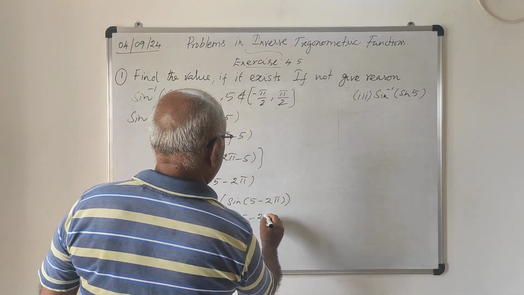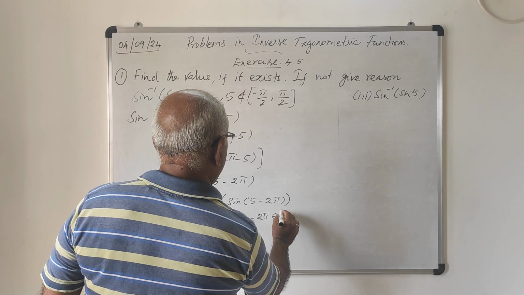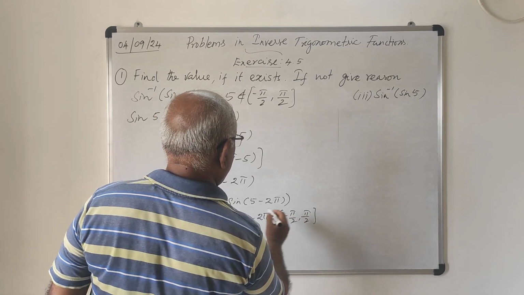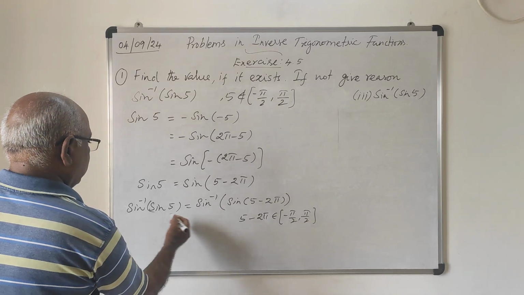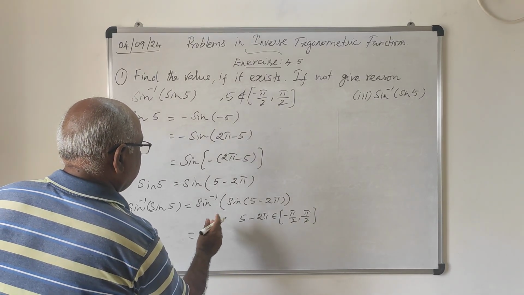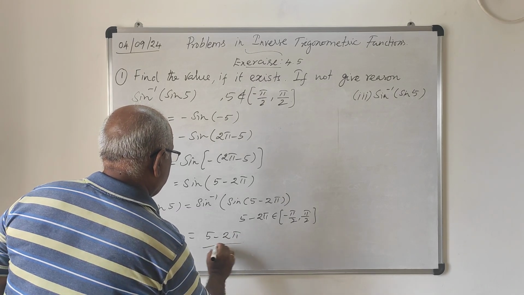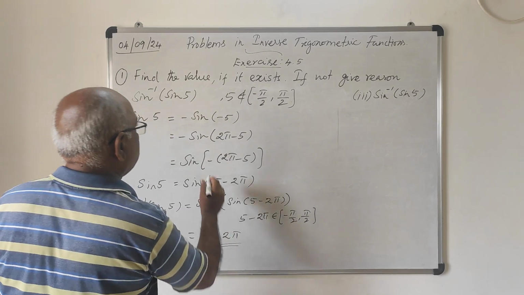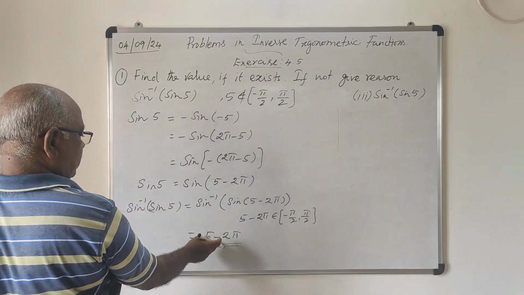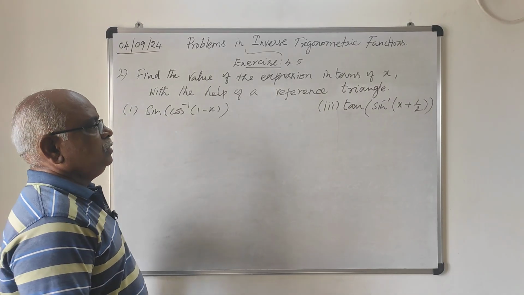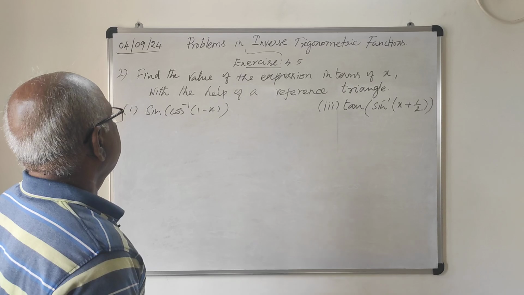Is 5 minus 2 pi in the interval minus pi by 2 to pi by 2? Yes, it belongs to the interval. Therefore, the solution exists. Therefore, this is equal to 5 minus 2 pi only. That's all about the answer for this. Sine inverse of sine 5 is 5 minus 2 pi. Okay?